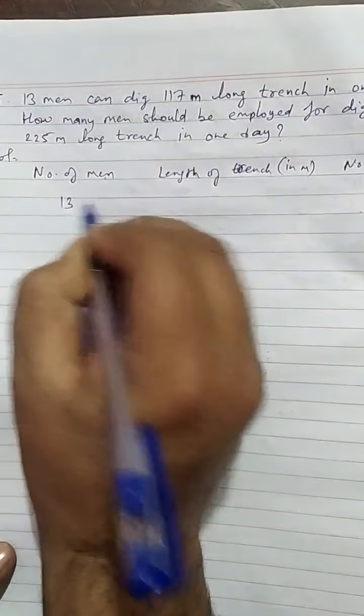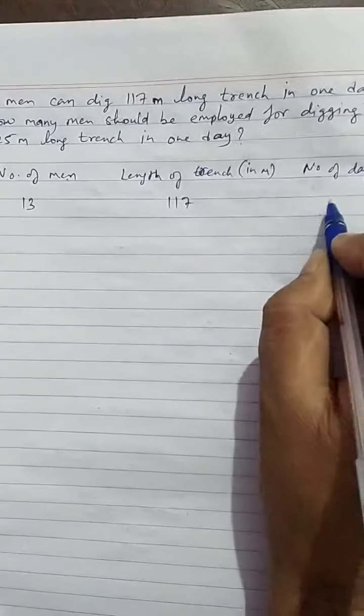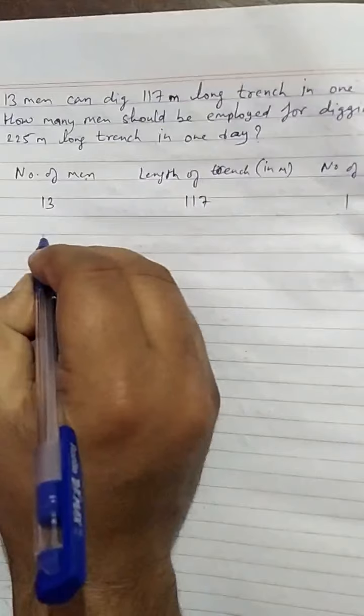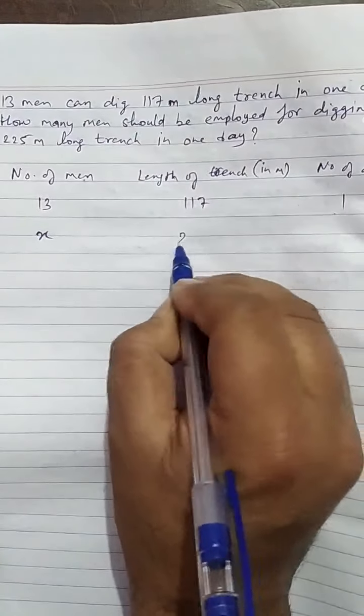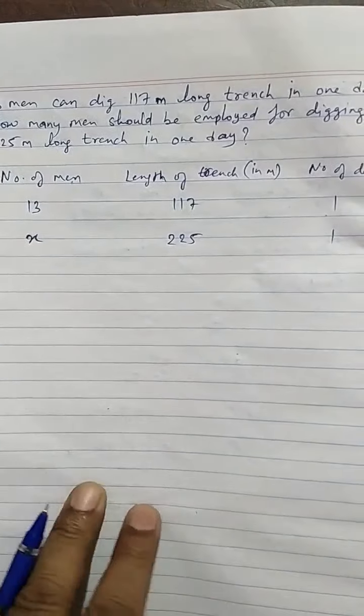So number of men is 13, length of trench is 117, number of days is 1. Again, it is asking how many men. So we'll put here a variable x, and the trench length this time is 225, and the number of days is the same.